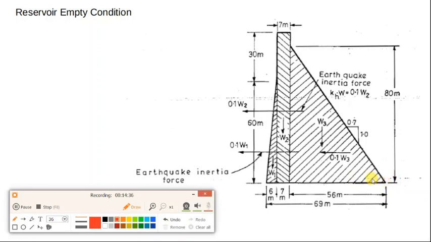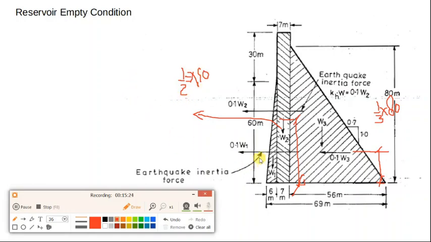The vertical distance of this force from the toe is 1/3 of this height, so the lever arm will be equal to 1/3 of 60, which is 20. Similarly for W2, the vertical distance will be half of the total height 90, which will be 45.